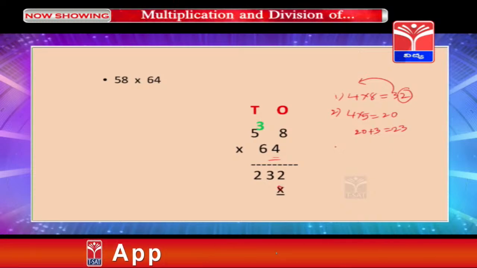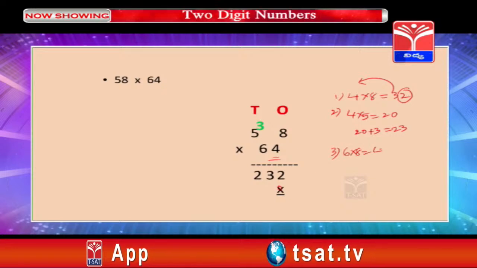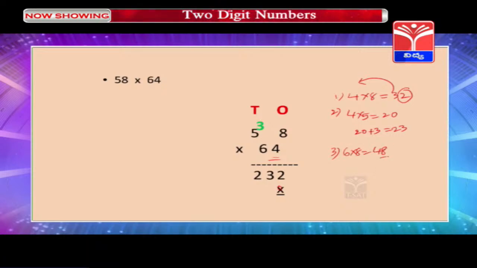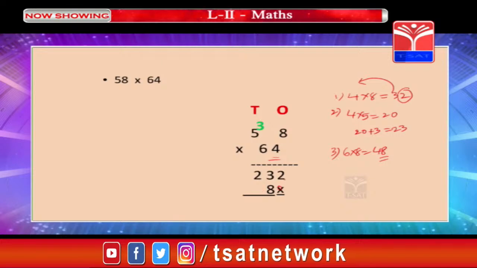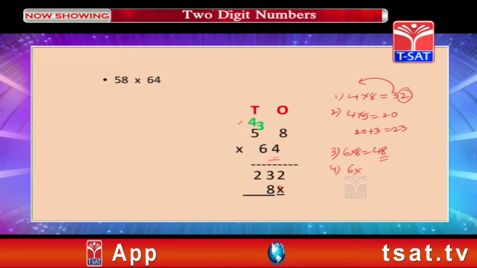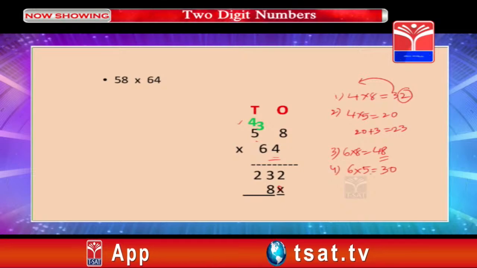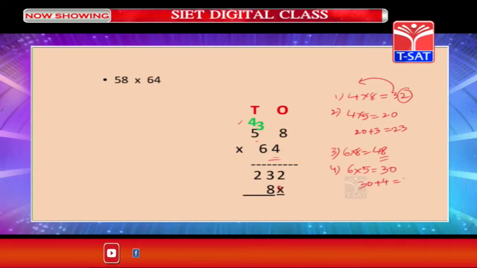Okay, good. Next, third step, 6 into 8 equals 48. From 48, the units place is 8. So, 8 will be written in the resultant and 4 moves as carry forward here. And next, fourth step, 6 into this 5. So, 6 fives are 30, and this 30 will be added to the carry forward 4.